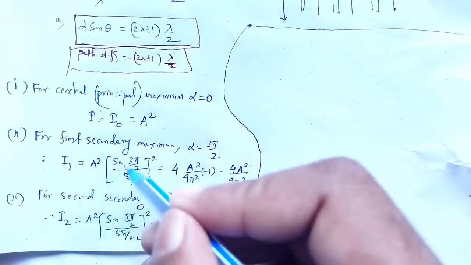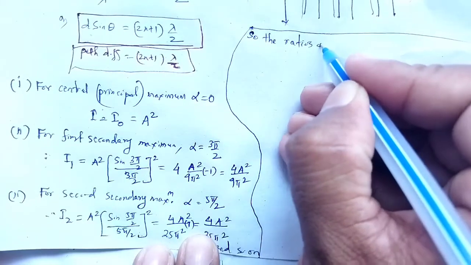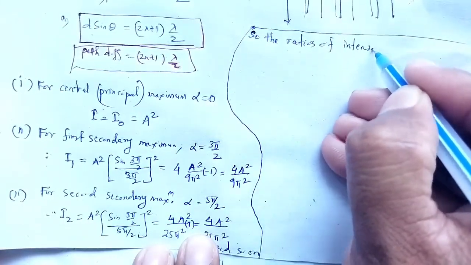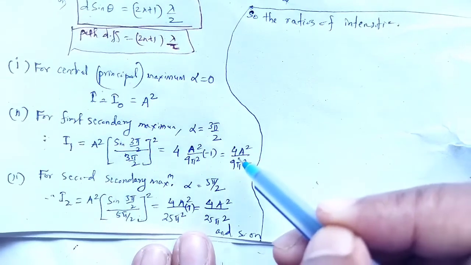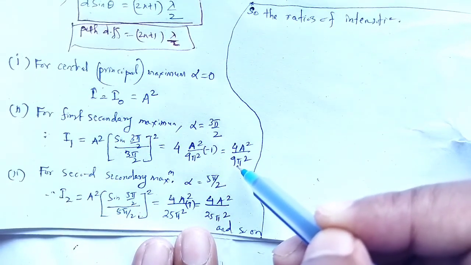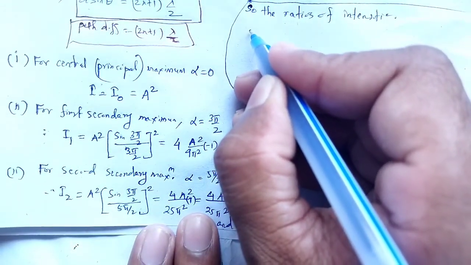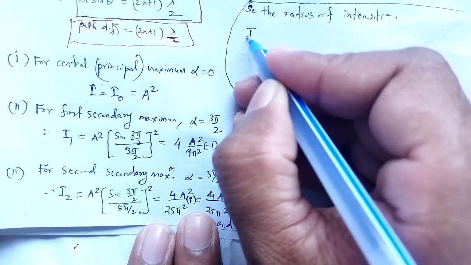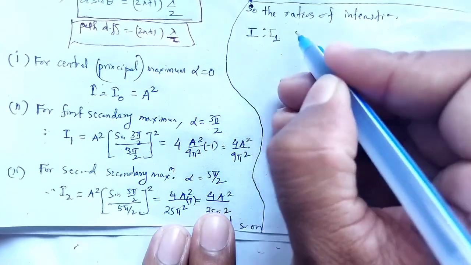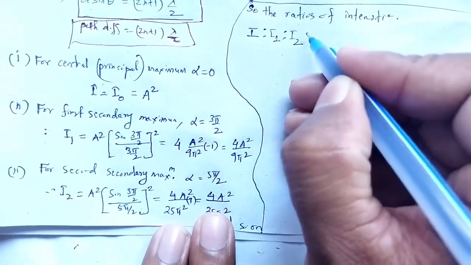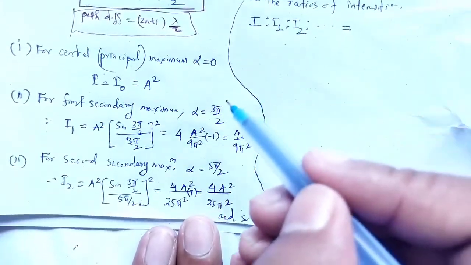So the ratios of intensities: I0 is a square, I1 is 4 a square divided by 9 pi square, I2 and so on.